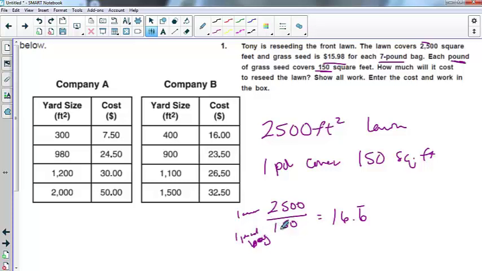How much 1 pound covers. So this is pounds, 16. It's going to take 16 pounds, which is how many bags? Oh wait. 16 divided by 7. Okay. So what's that give us? 2.